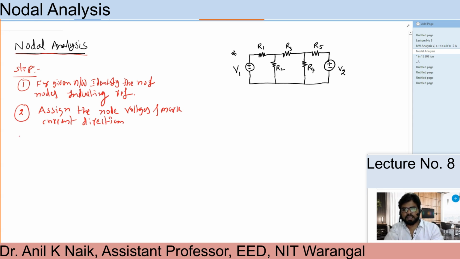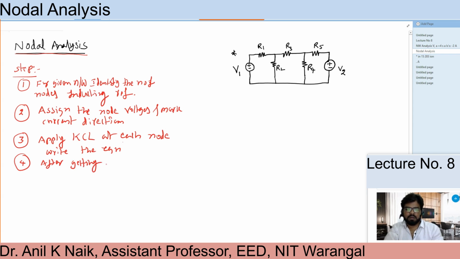After marking the current directions, the third step is to apply KCL at each node and write the equations. Finally, after getting all the equations at each node, solve those equations to get the solution.